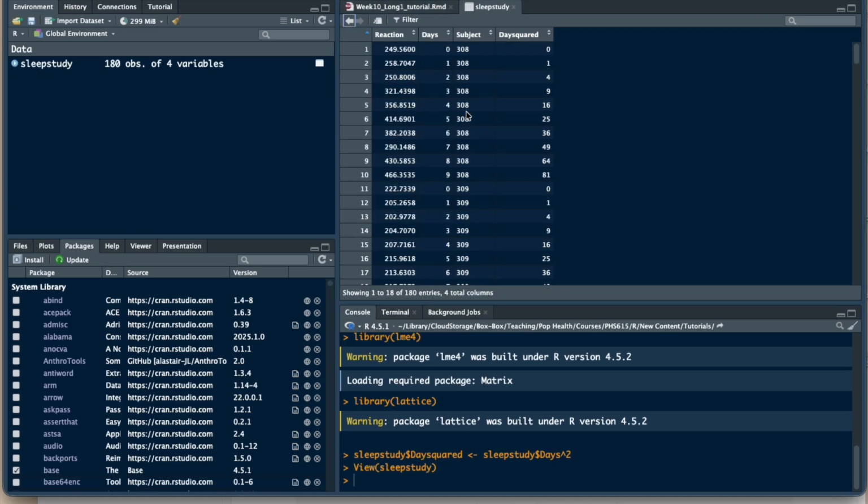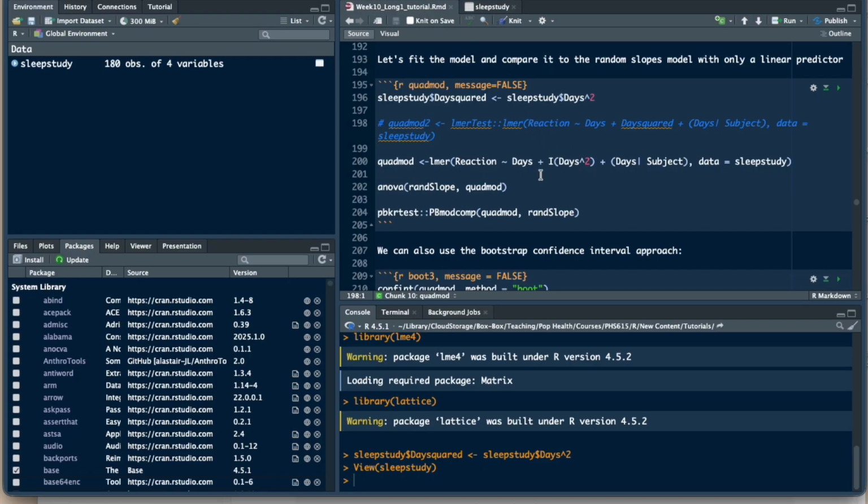So what does that look like, right? Days is 0 to 9, and so days squared is 0 to 81. And so that might look funny, but with these two predictors together, we're able to model some nonlinearity. So we can fit that model. There's a couple ways to do that.